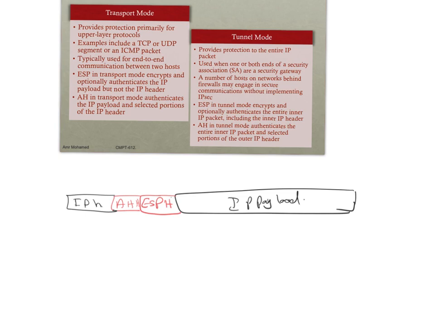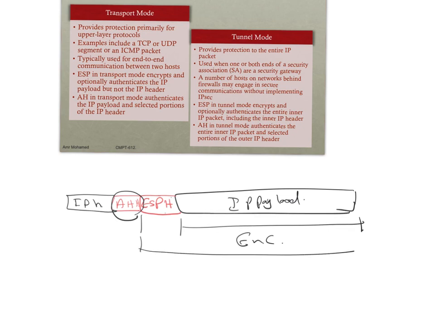When we say ESP header, this means that this part will be encrypted. Right? And the AH header maintains the integrity and the authentication. So the AH header, in fact, adds also a trailer, which includes the MAC.